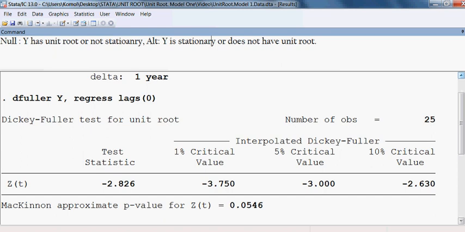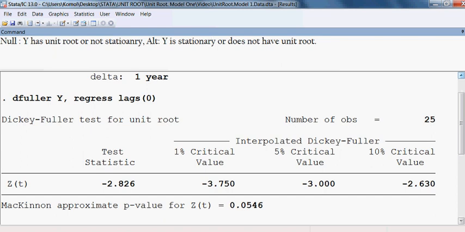Okay, when I say absolute value, that means there is no minus sign. That means the value is 2.826. And here is also absolute value, meaning that 3, not minus 3. So 2.82 is smaller than 3.